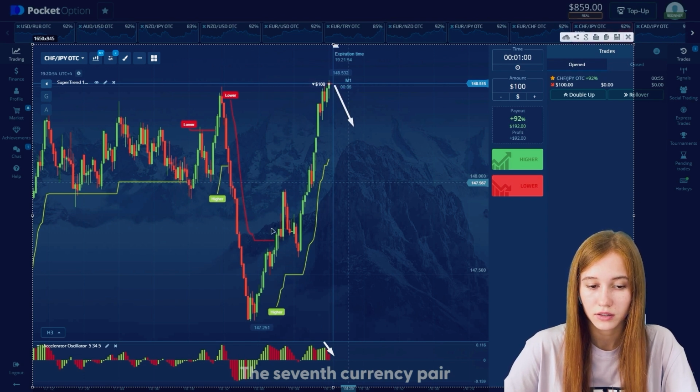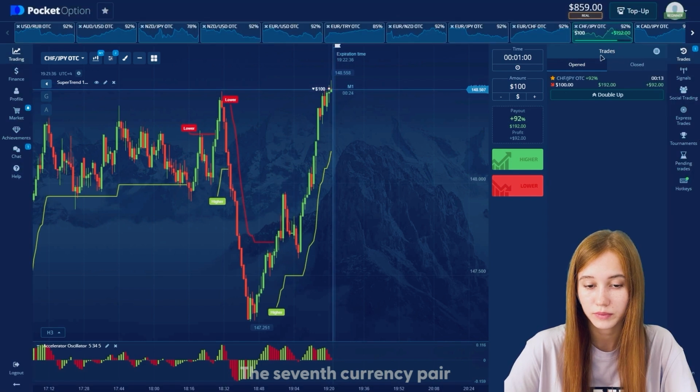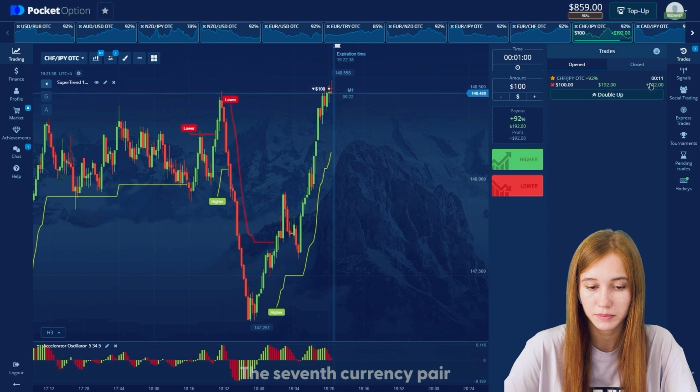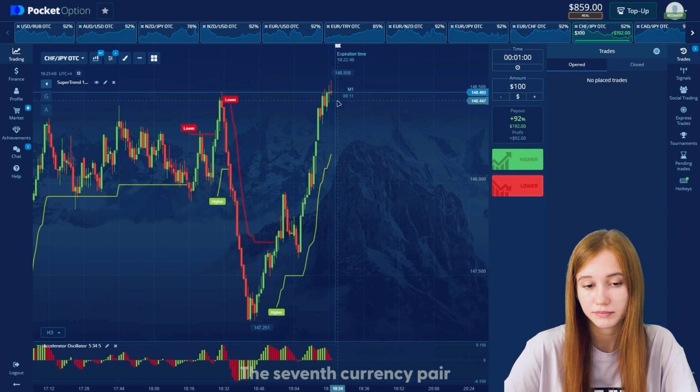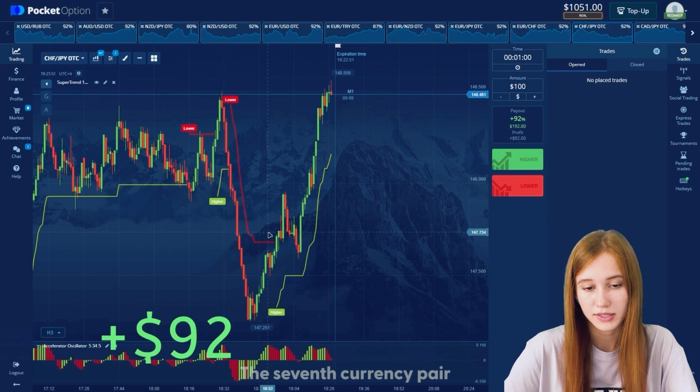Although the zigzag shows that the trend is upward. So let's see. 10 seconds left. Some corrections we see. 3 seconds left. And plus the yield, $92.